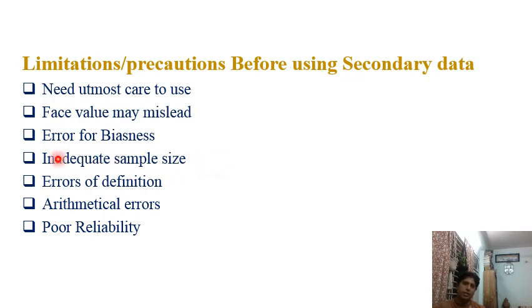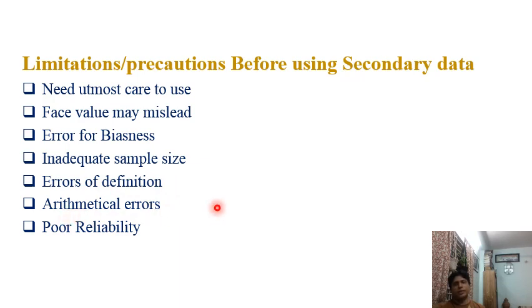In this situation, this data may not be fit for the users. Errors of definition. Definition basically defines the purpose and other objectives of the collection of data. Secondary data are collected by other users to serve their purpose, but this purpose may not fit with the other users. So errors of definition may be considered here.